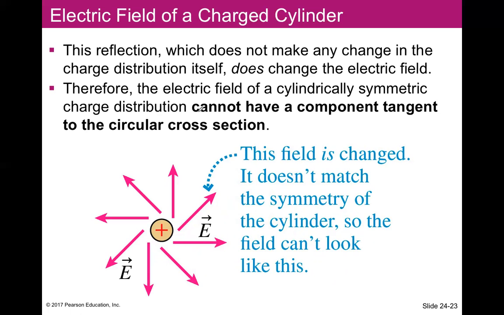symmetry. So for a good symmetry of a circle, the field lines surrounding the circle cannot have a component tangent to the circular cross section; they should be in the radial direction, like that. That's a good symmetry.